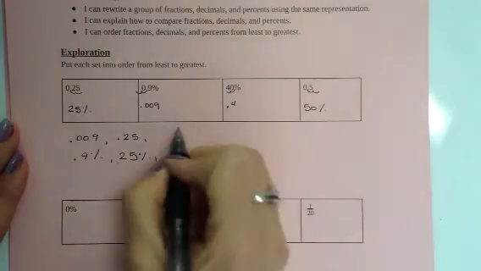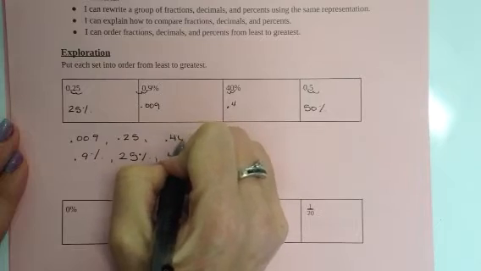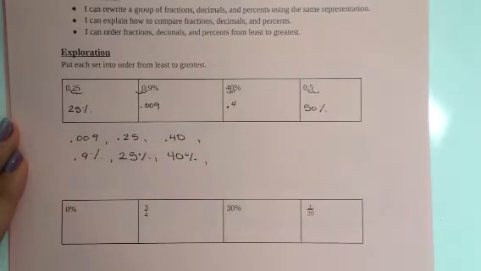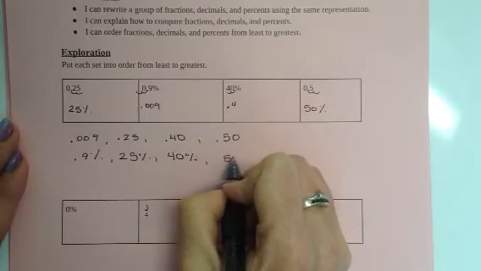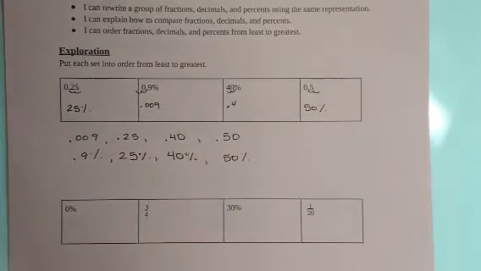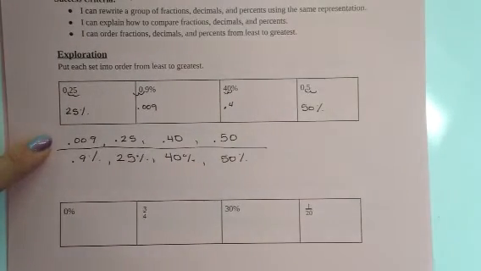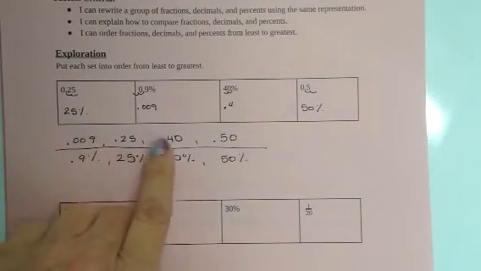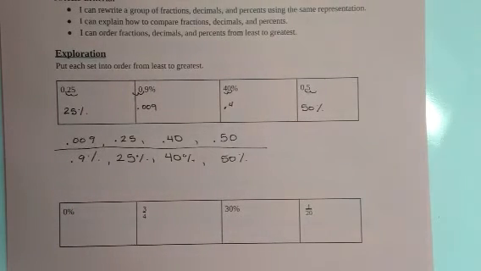My next one is going to be 40%, or 0.40 if you want to write that down, because I know sometimes it's easier if they're the same number of places. And this one would be 0.50 or 50%. So it didn't matter if I did it as a decimal or if I put them in order by percentage. Either way, they turn out in the same order, and that's where I got that one.